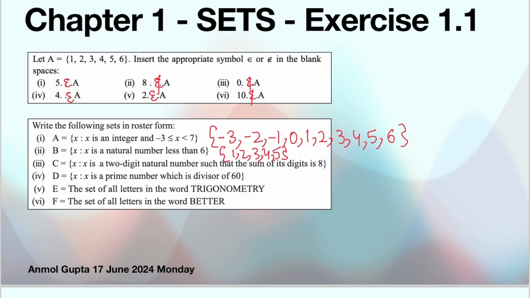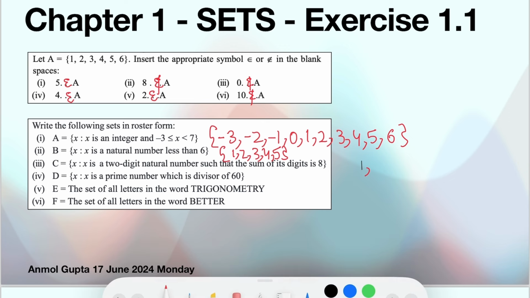C equal to the set of all x such that x is a two-digit natural number such that the sum of its digits is 8. So we can write the natural numbers as 1, 2, 3, 4, 5, 6, 7. Now I can simply see that 1 plus 7 is equal to 8.